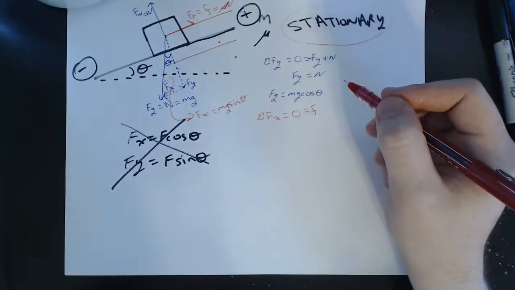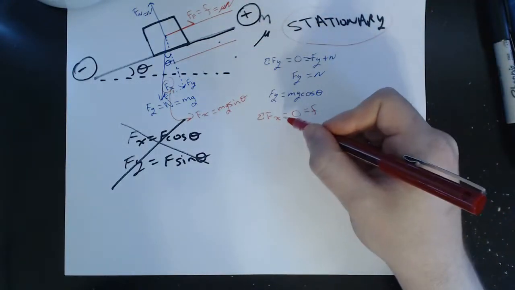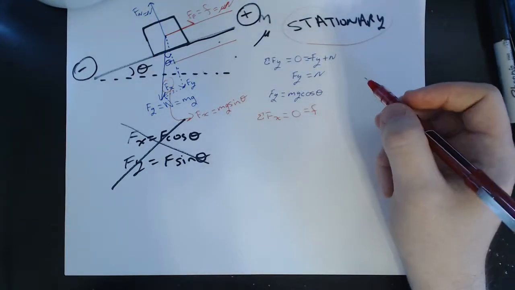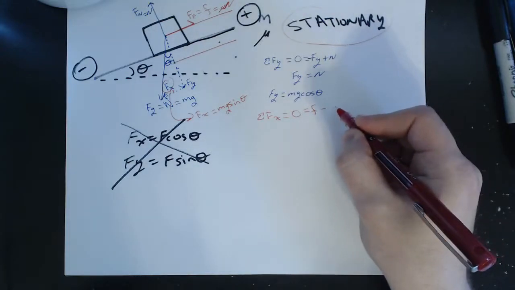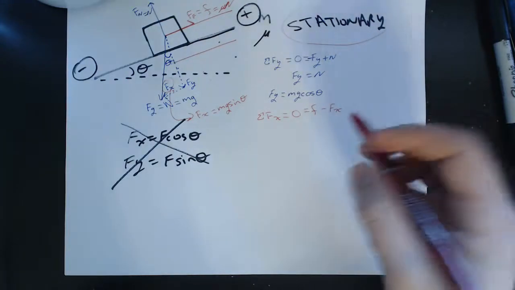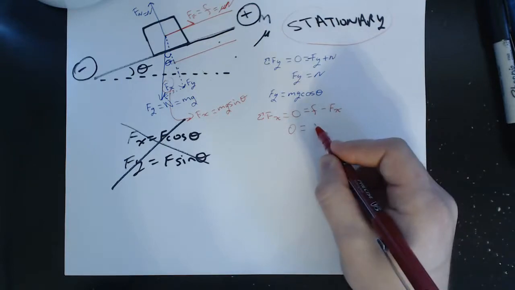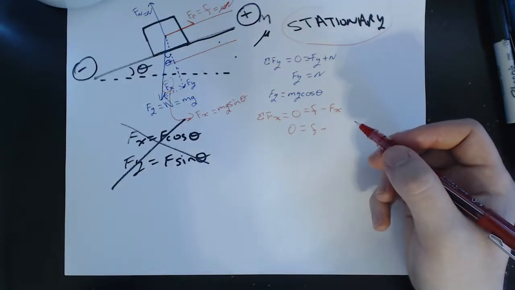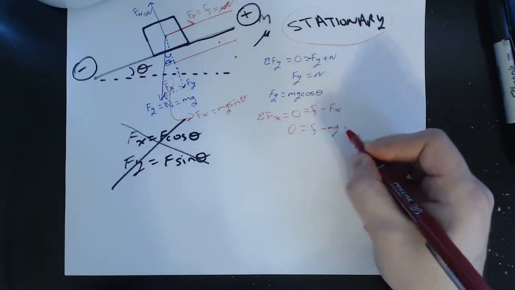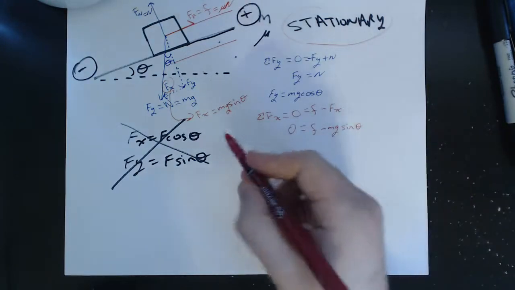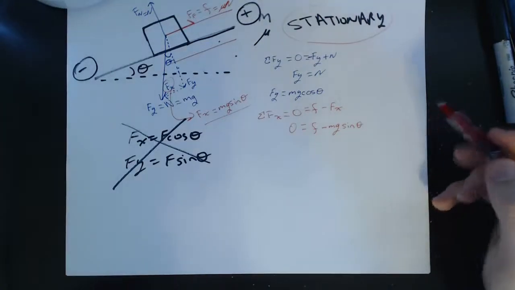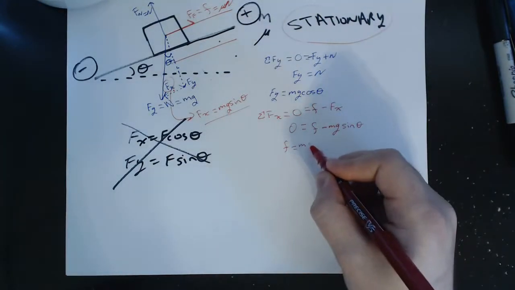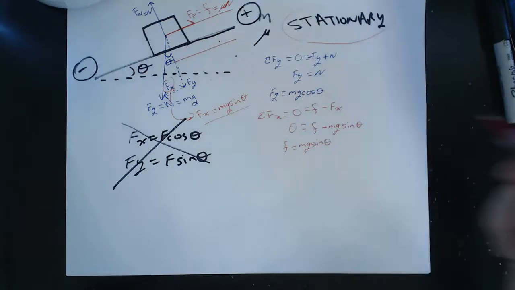So the sum of the forces in the x direction equals 0 equals friction in the positive x direction, and then Fx acts in the negative x direction, so let's say minus Fx, and then when we sub it in, 0 is f minus mg sine theta, right, which we just found over here. So then you bring mg sine theta over the other side, then f equals mg sine theta, right?